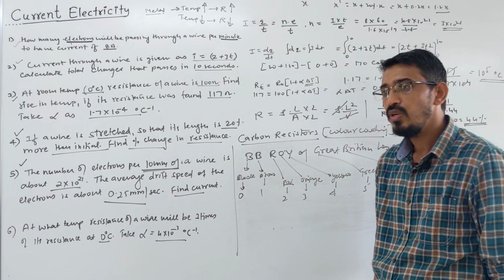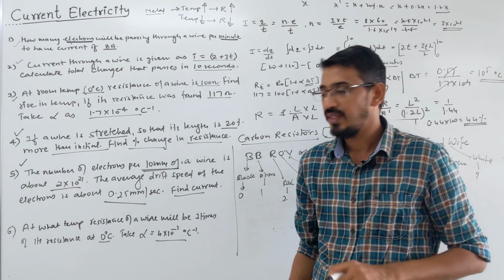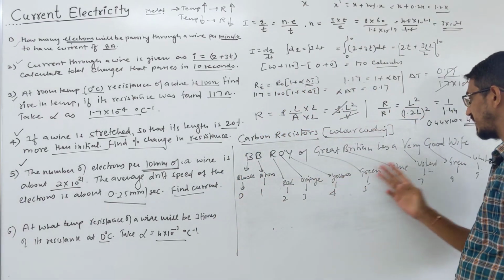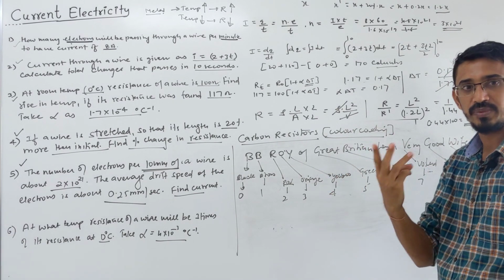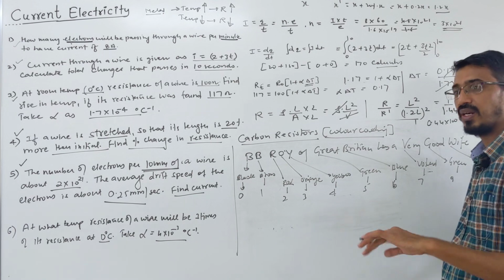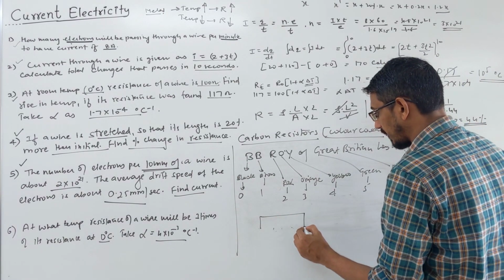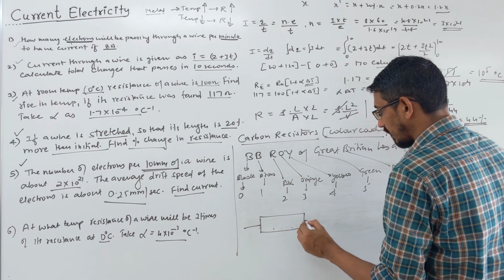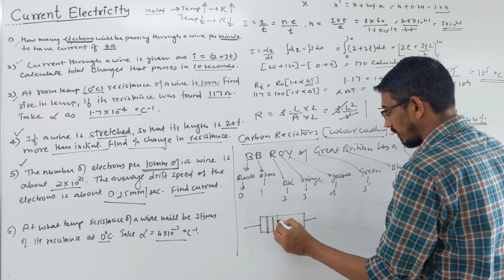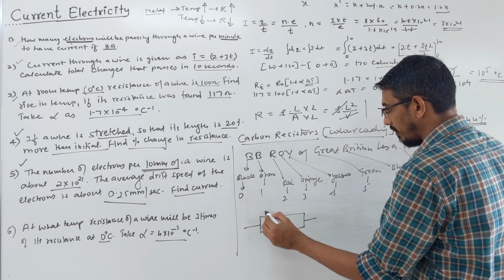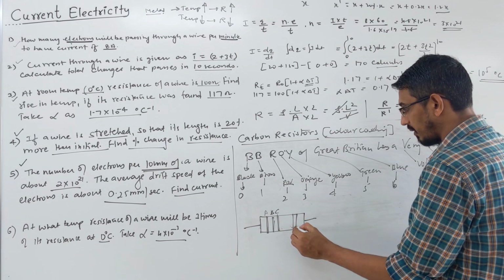Now, generally every resistor has 4 strips, right? 3 strips have colors which tell you the value of the resistance, and the 4th strip has 3 special colors. They tell you the error. So any carbon resistor has this type. 3 color strips are here. Let's name them A, B and C. These are 3 color strips, and the 4th color strip will be here.